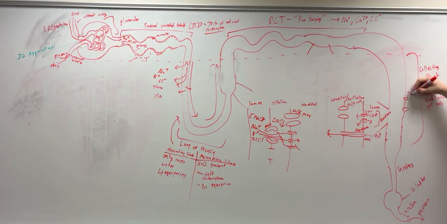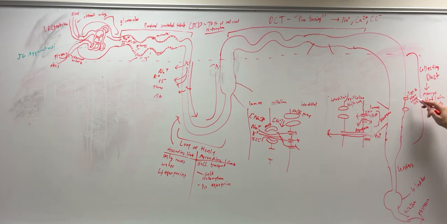So this is a type A intercalated cell, and then you just have a type B intercalated cell. Type A intercalated cells secrete acid, and type B intercalated cells secrete bases.